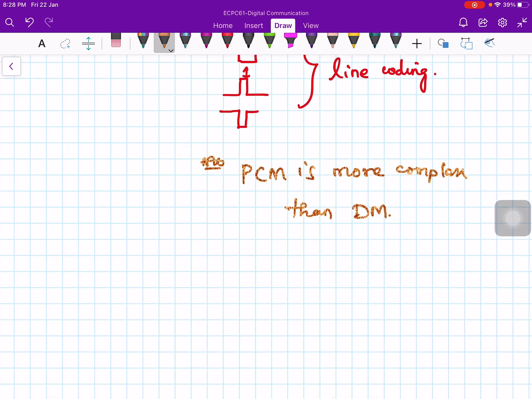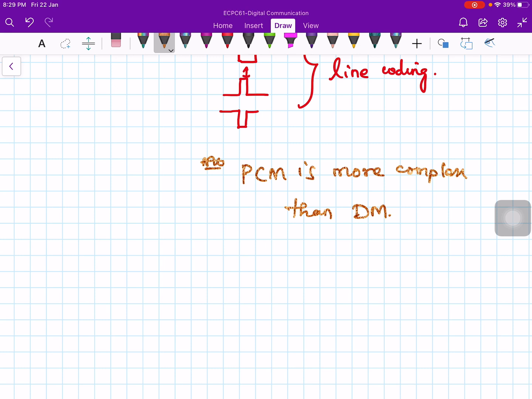However, at the moment we are not interested in the implementation of the A to D converter, with which we are already quite familiar from some other courses. But as far as the communication aspects of pulse code modulation are concerned, the first thing that we would like to look at is the bandwidth requirement of the PCM system.